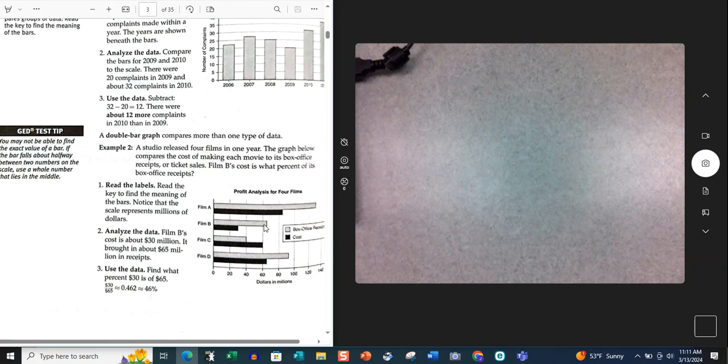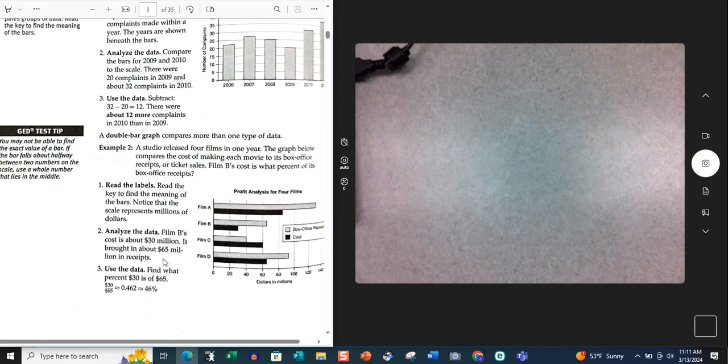So here, if you notice, this is a little less than what the halfway point is between 60 and 80, which would be 70. So this is about 65. Use the data: what percent is $30 of $65? Basically what they did here, they didn't write the million.